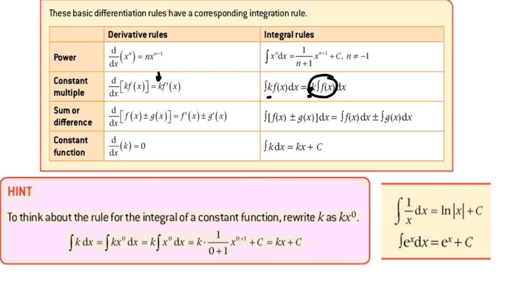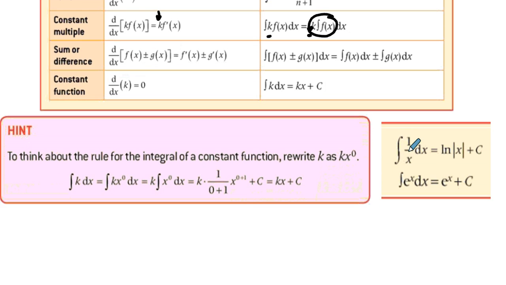Some special cases. Excuse me, let me state that again. If I take the derivative of the natural log of x, it's 1 over x. So if I integrate 1 over x, it's the natural log of x. But what you'll notice is there's this absolute value bar here. You need to make sure you don't lose that absolute value bar. IB will do this to you.